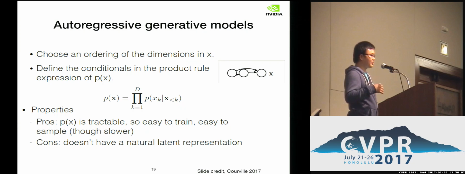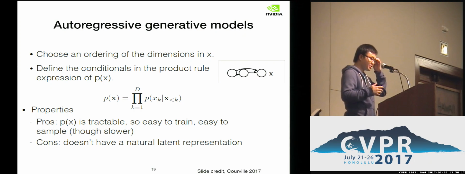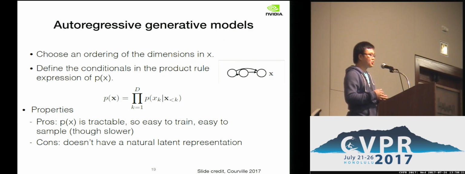So this is about VAE. Another popular model for image generation is the autoregressive generative model. For this high dimensional structured data, each pixel has an index, and we can choose an ordering.